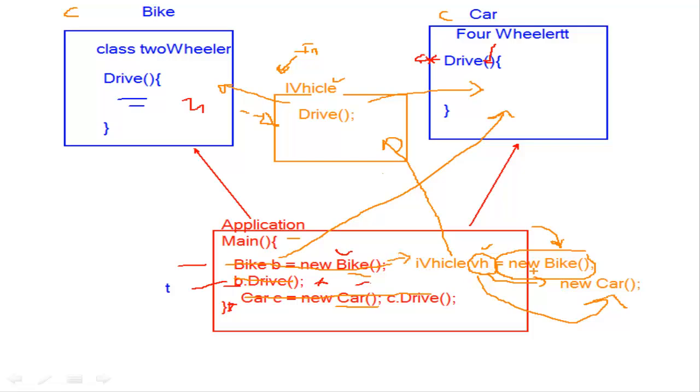From here onwards, I know that it is just a bike that I am driving. So it is not a good polymorphism as such. I have initialized it, which means your object is still dependent on that bike, because you are creating the bike.